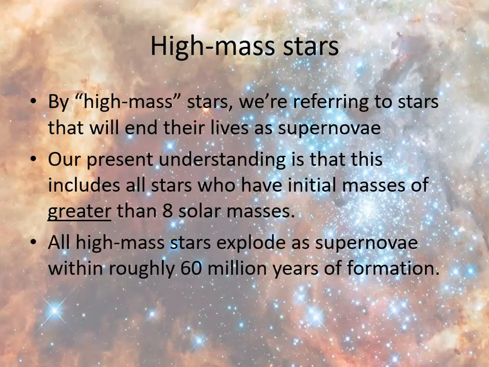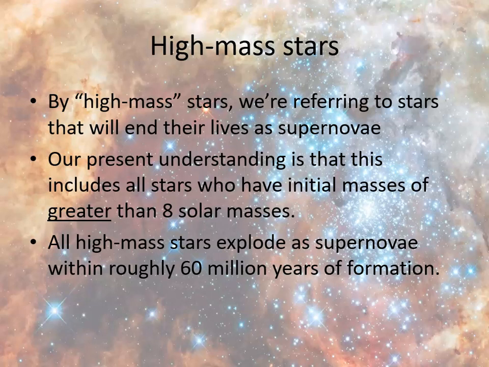What does that mean? Well, if you remember the formula about how the luminosity of a star goes as mass to the 3.5 power, that means its lifetime goes as its mass to the negative 2.5 power.